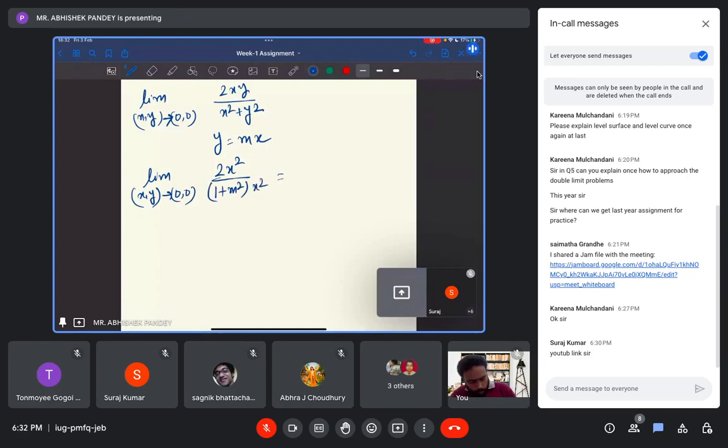So this will be 2m upon 1 plus m square. Thus the limit depends upon m, and hence f is not continuous at 0 comma 0.